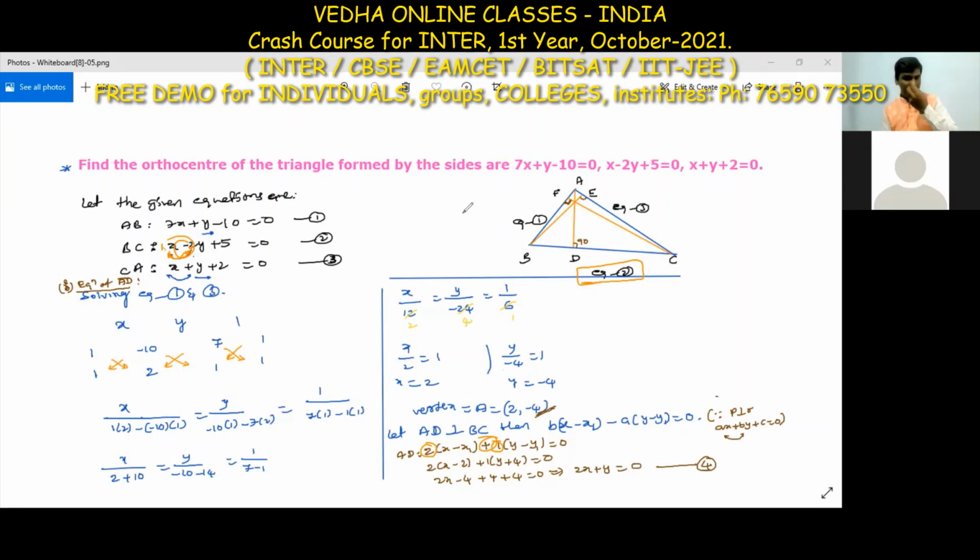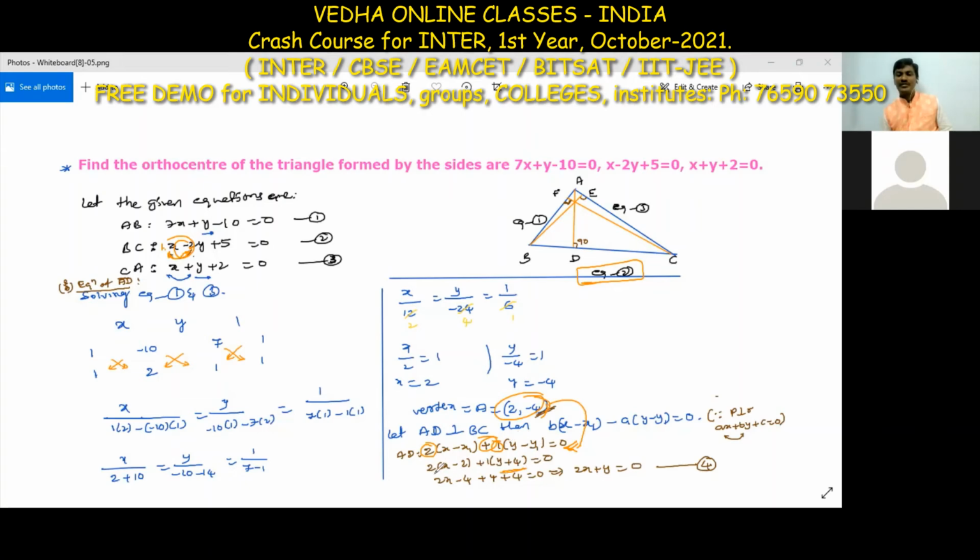Now multiply: 2 into x minus x1, and we substitute the point here. X1, y1 means we substitute this point in this equation. So 2 into x minus x1 means 2 plus 1 into y minus y1. The y1 value is minus 4, minus of minus 4 becomes plus 4.